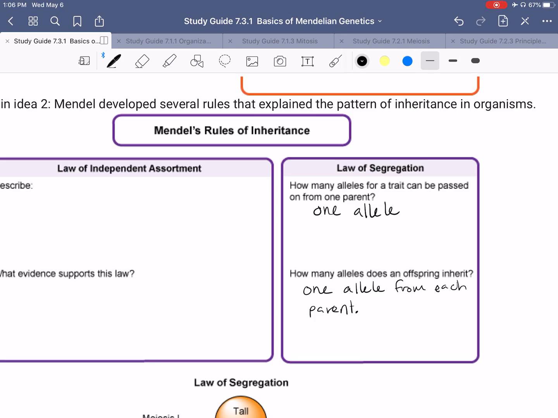So the 3-to-1 ratio observed by Mendel can be explained using chromosomes. Each plant in the pure lines of Mendel's peas carries 2 copies of the same version of a trait. Thus, every member of the parent generation is homozygous. For every trait Mendel studied, the F1 generation showed only the dominant trait. This is because every member of the F1 generation is heterozygous. Each one has a dominant and recessive allele.